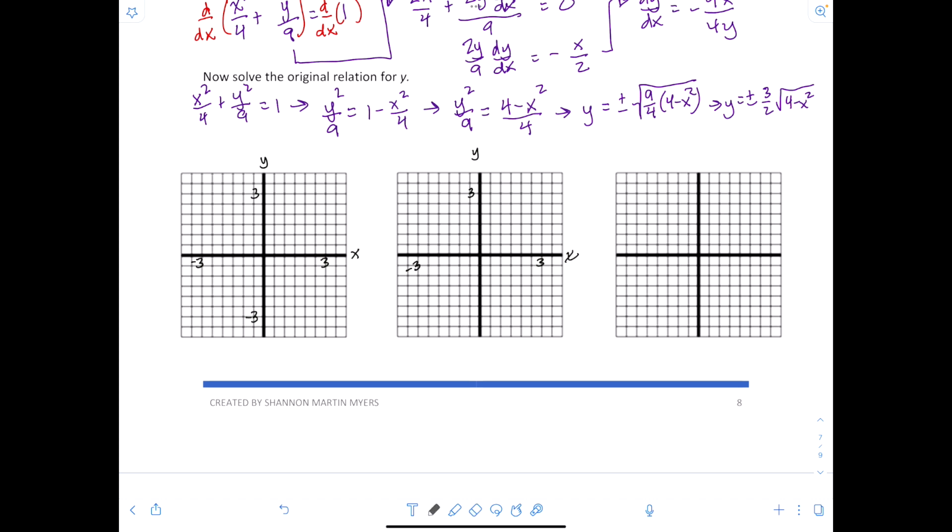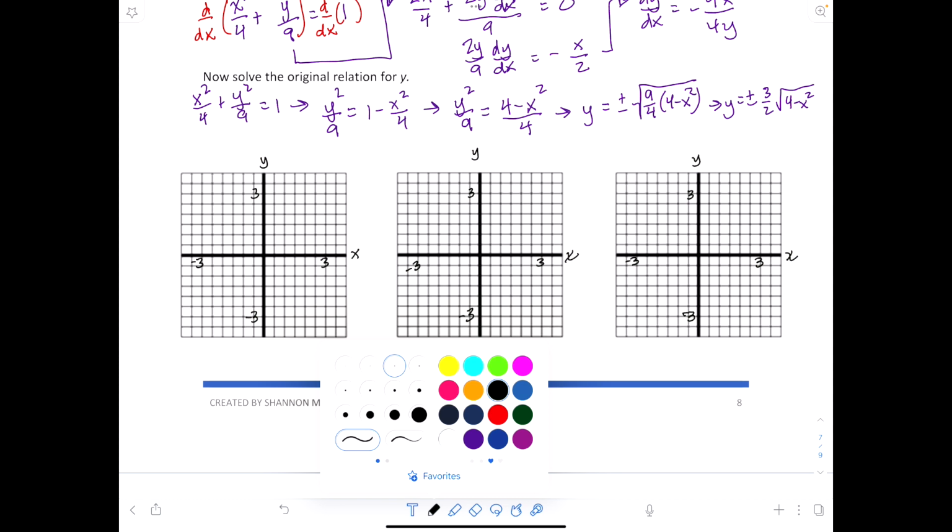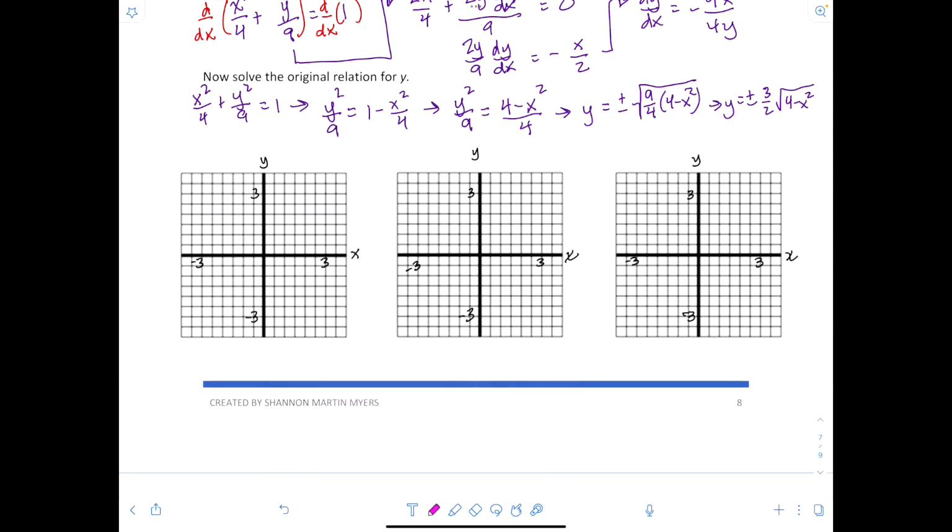Positive 3. Okay, so let's check it out. So the first solution is implicit.